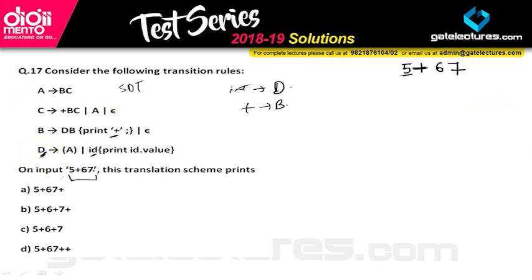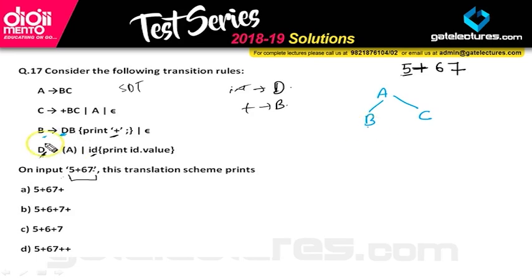So here, in the first step, A is producing B and C. If you look at B and C, only B has the capability to produce D and B, out of which we really need D over here.